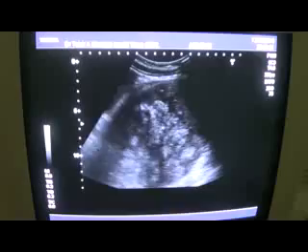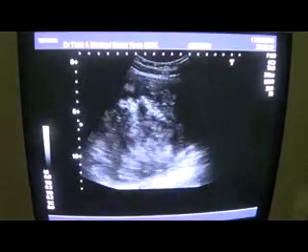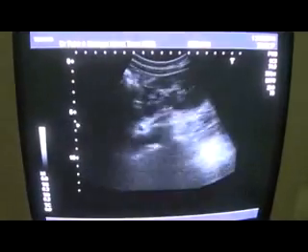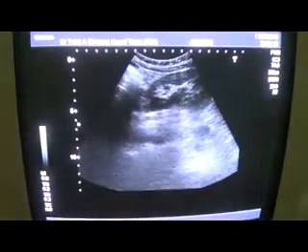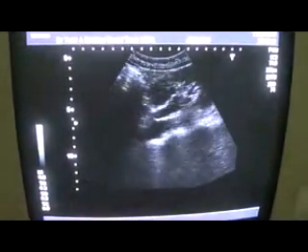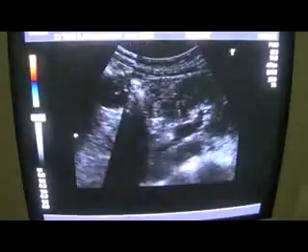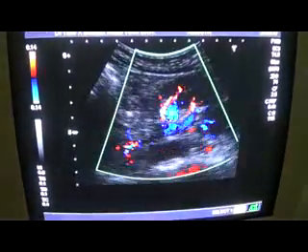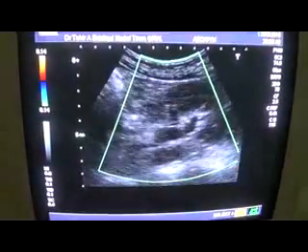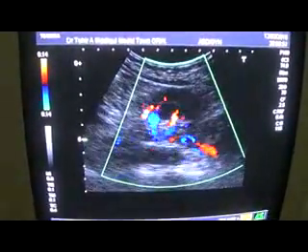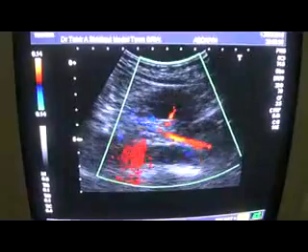Left large retroperitoneal heterogeneous mass displacing the left kidney medially, while the left kidney is otherwise normal, being perfused normally.